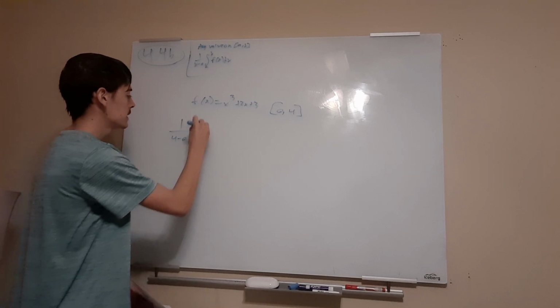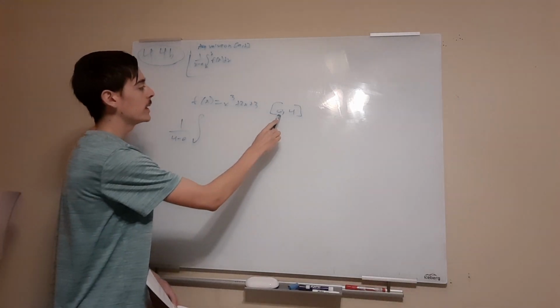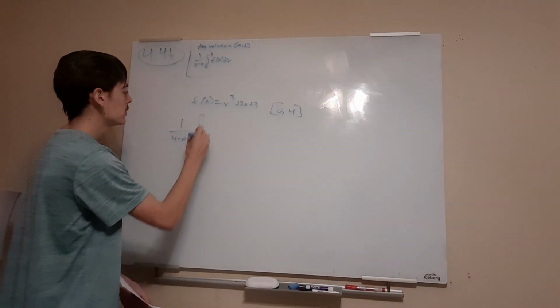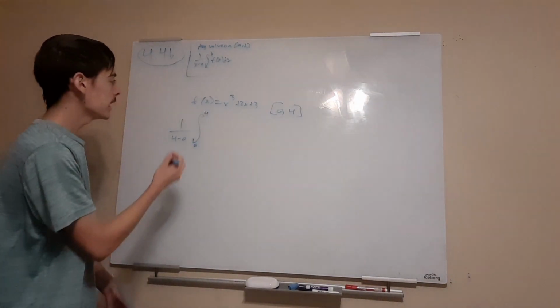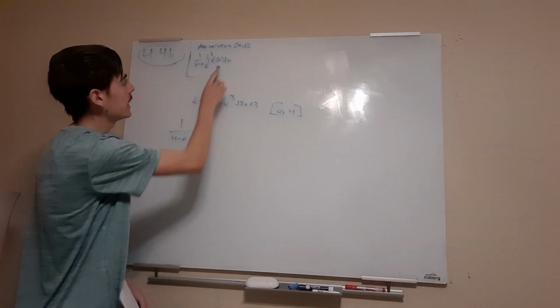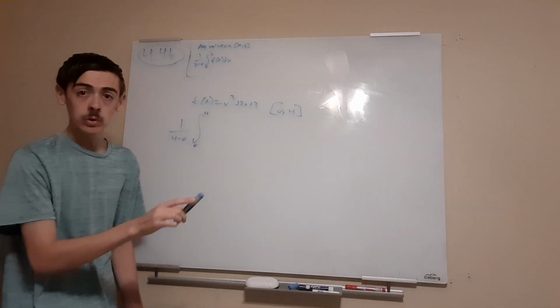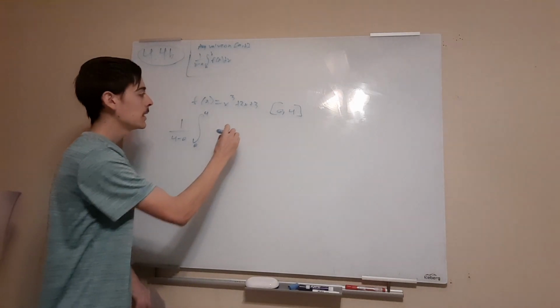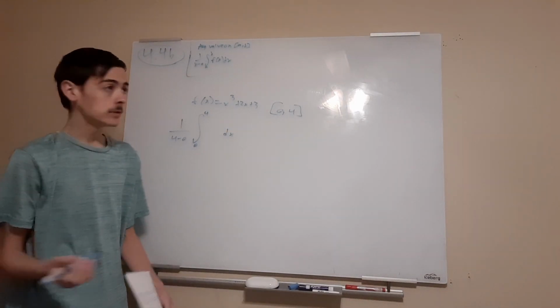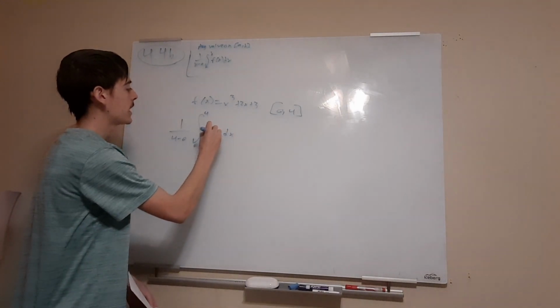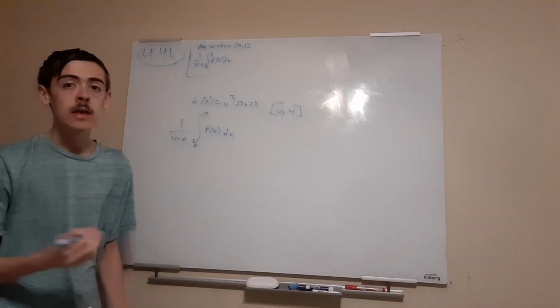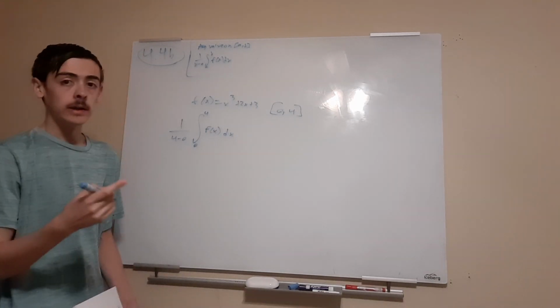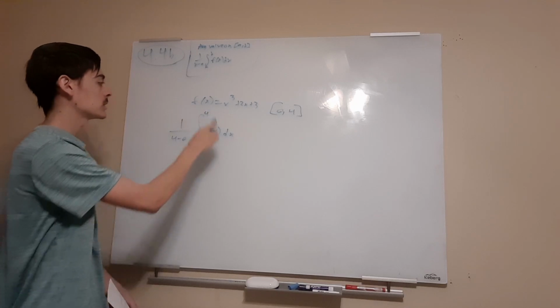Then we multiply this by the integral from the low bound to the high bound, so from 0 to 4. And on the inside, we would write f of x.